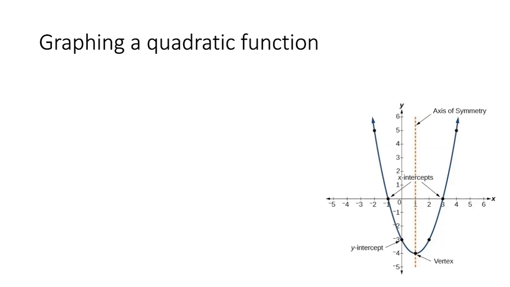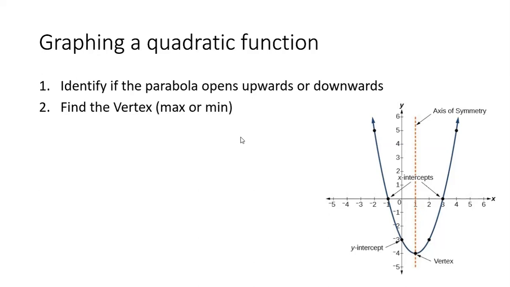And once we have our vertex, we want to find some other points on our graph, and the easiest points to find are our x-intercepts and our y-intercepts. So when we're given an equation, we want to identify if it opens upwards or downwards. We want to find the vertex, which is always going to be the minimum if it opens upwards or the maximum if it opens downwards.